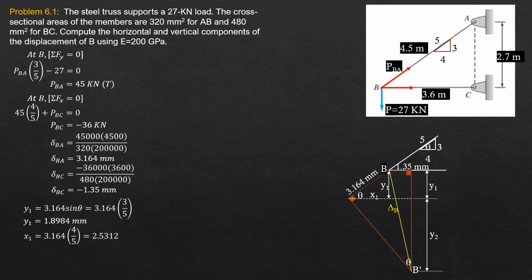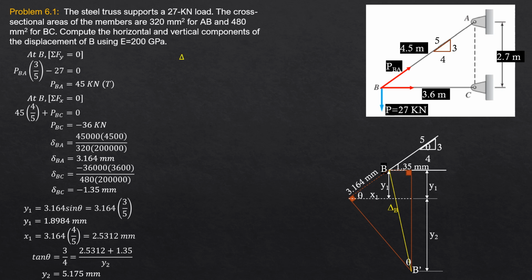So 3.164 times 4 over 5 is 2.5312 mm. Then tangent of theta is 3 over 4, the slope. And this is also equal to (x1 plus 1.35) over y2. So y2 can now be solved. y2 is equal to 5.175 mm.